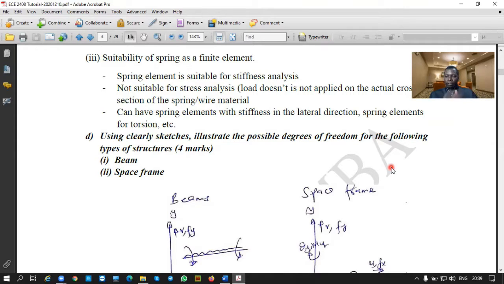We are not considering the global coordinate system. So we wanted to see, do you know what the degree of freedom is, with reference to the Cartesian plane. When we said for a beam, we have both vertical displacement and rotation, can you visualize them or represent them in a sketch?